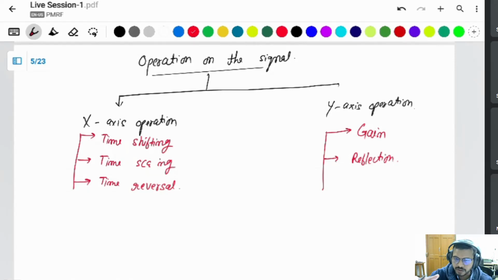Gain means you can increase the gain or attenuate the signal.